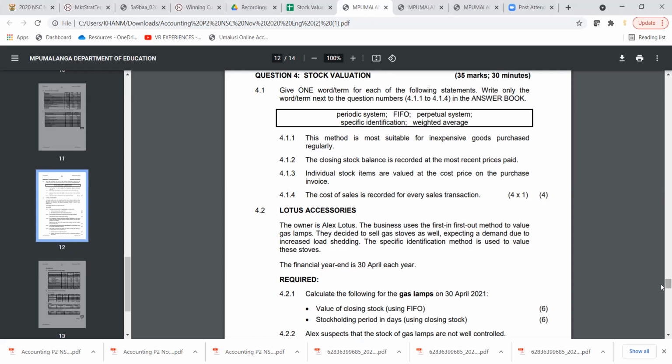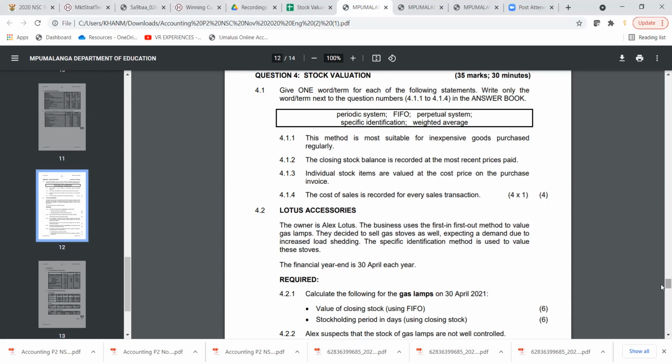Whereas for FIFO, the cost per unit when we sell will differ from the closing inventory, because the closing inventory is based on the last purchases, whereas the cost of sales is calculated based on the earliest purchases. So just be able to pick that up.